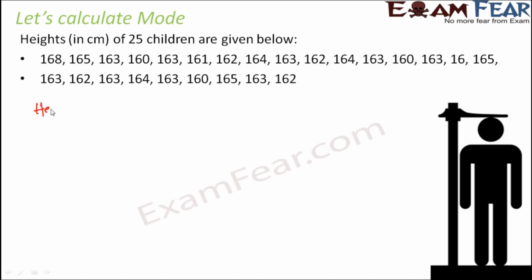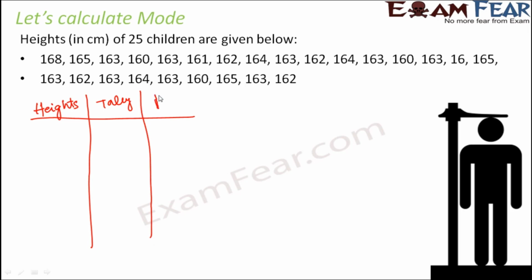So let us say we create these columns. First column is for height, the second column is for the tally marks, and the third column is for frequency, just to see how many times each data gets repeated. So the smallest height that you have is 160, and then the next one is 161, then 162, 163, 164, 165, 168.